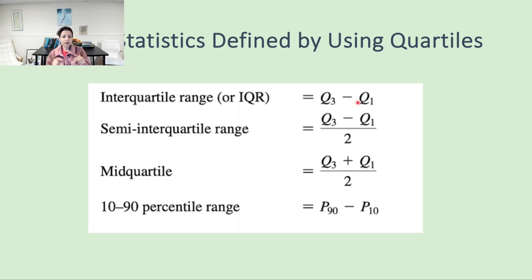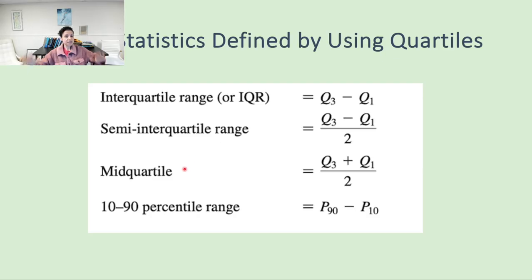The semi-interquartile range is just half of that interquartile range. So we take the third quartile minus the first quartile and divide by 2. That gives us half of the interquartile range.